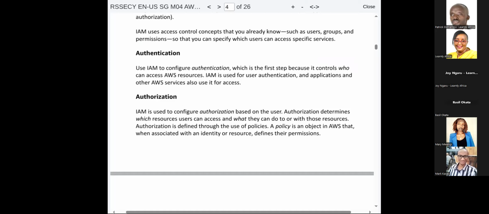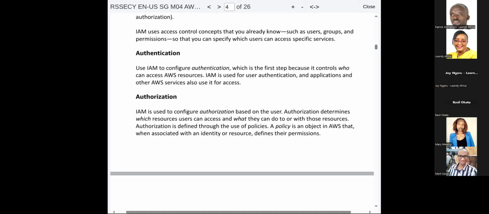So authentication: who can access your resources? Authorization: of a user who has access to your services and resources, what can they actually use, provision, create, delete or manage?